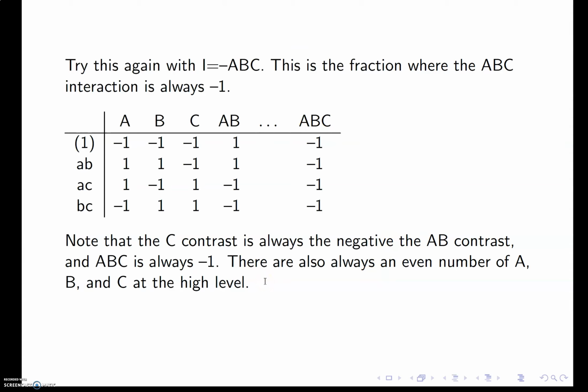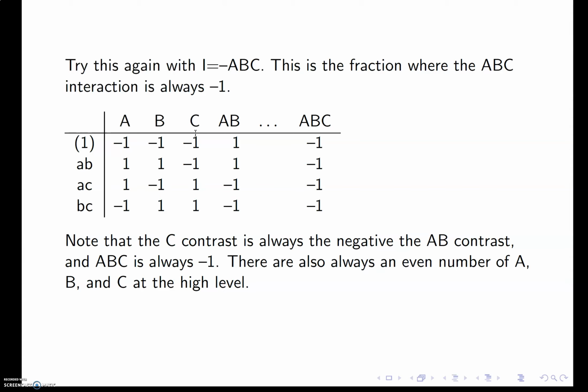So now the C contrast is the opposite, or the negative, I should say, of the AB. So there's always also going to be an even number of A and B and C at the high level now.